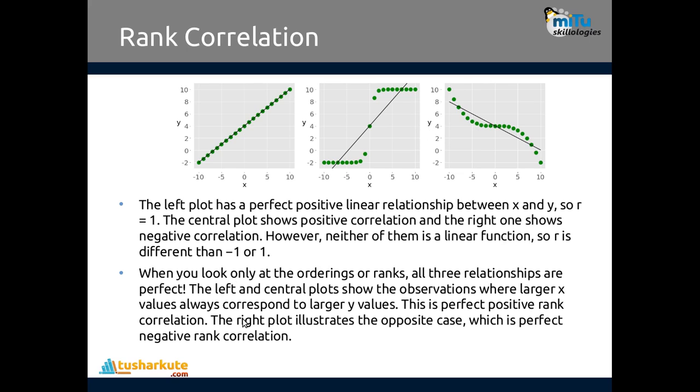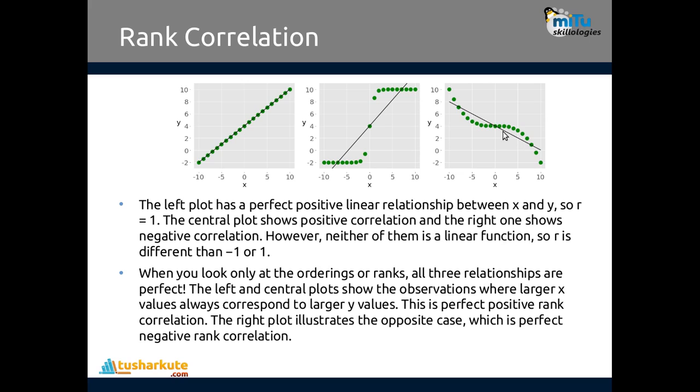Okay. So when you look at only the ordering or the rank, the relationships are perfect. The left and center plots show the observations where larger x value always corresponds to larger y. Okay, larger x and larger y. This is the perfect positive rank correlation, and the right plot illustrates the opposite case, which is perfect negative rank correlation.